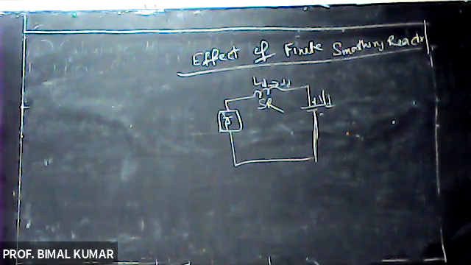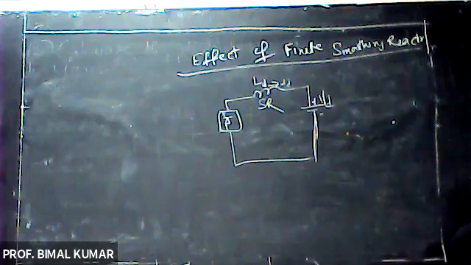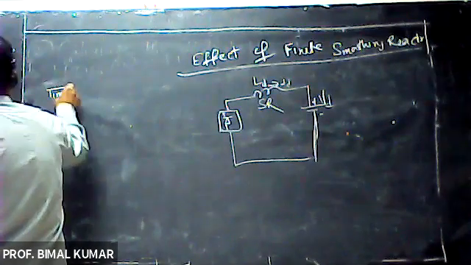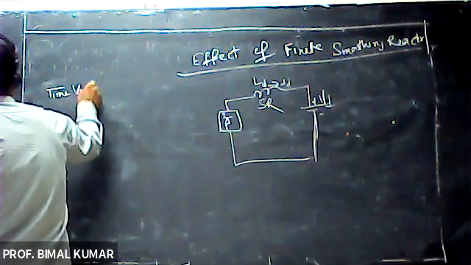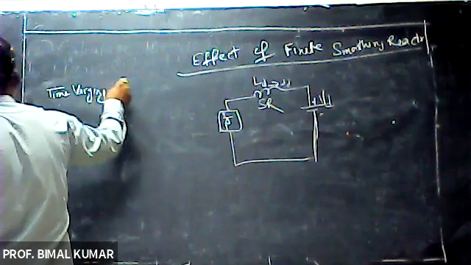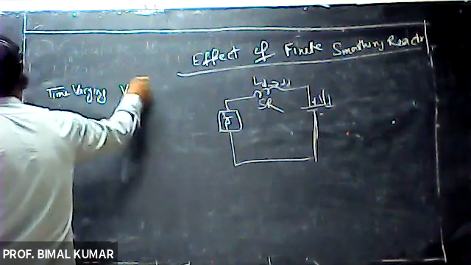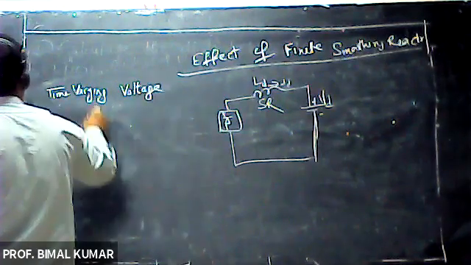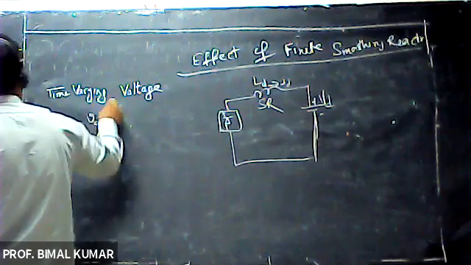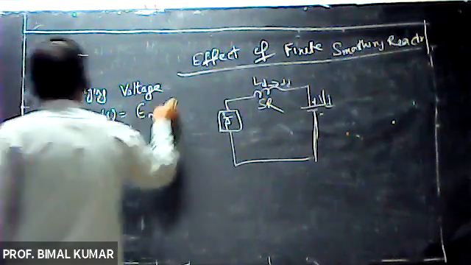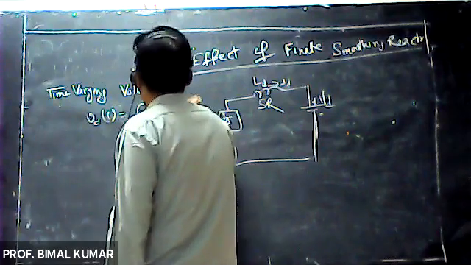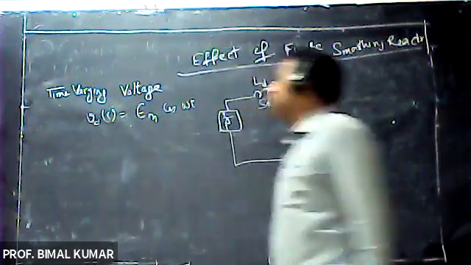The time varying voltage VD of t is equal to Em cos omega t.